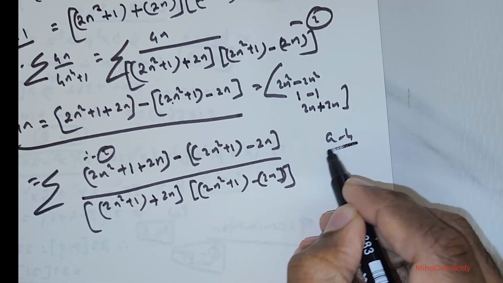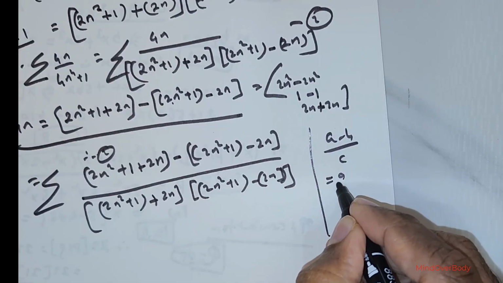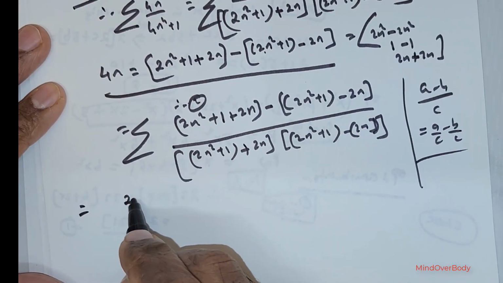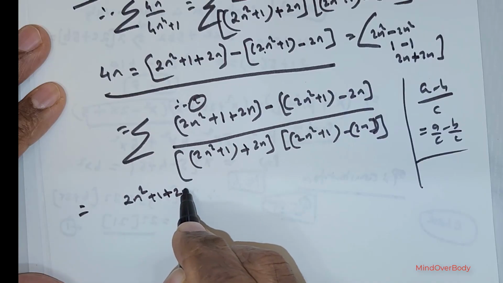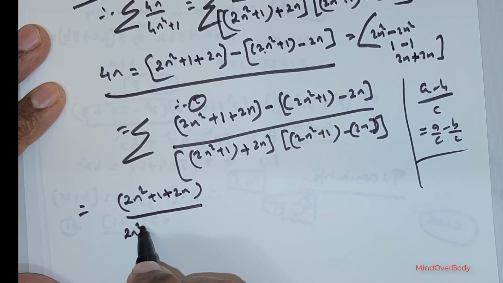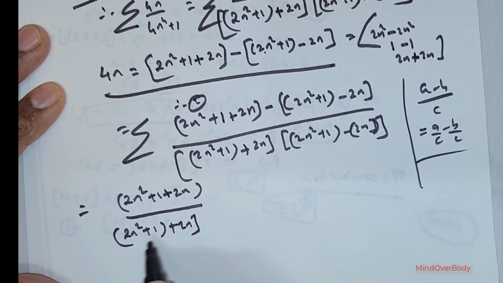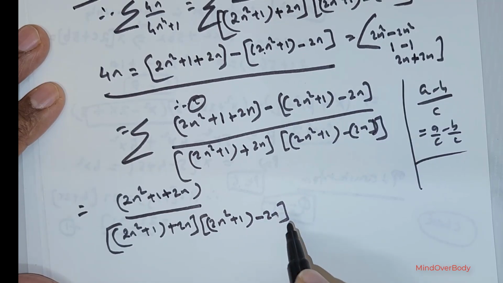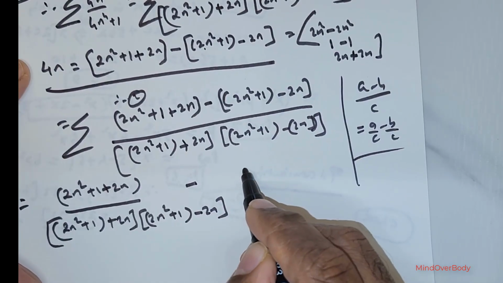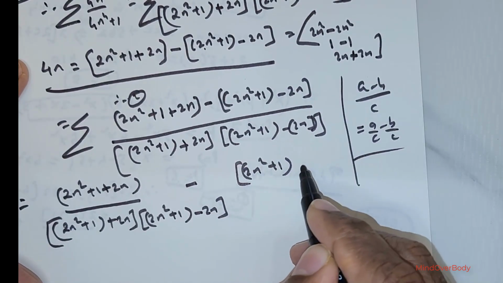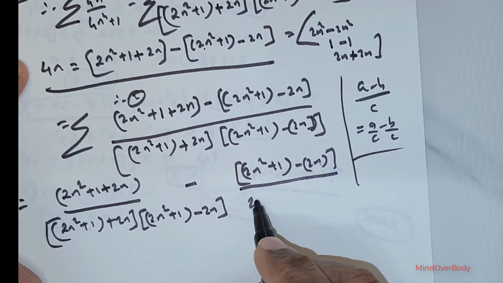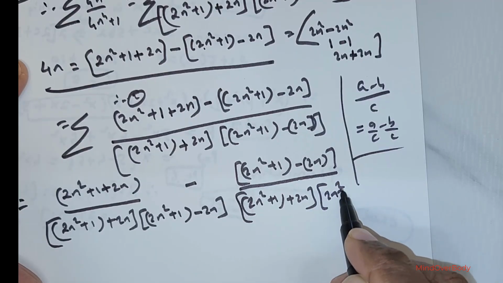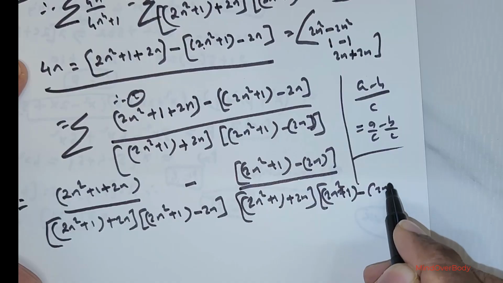Now (a negative b) divided by c can be rewritten as a over c negative b over c. So this is going to be (2n squared positive 1 positive 2n) divided by (2n squared positive 1 positive 2n) multiplied with (2n squared positive 1 negative 2n), and then followed by negative sign (2n squared positive 1 negative 2n) divided by (2n squared positive 1 positive 2n) multiplied with (2n squared positive 1 negative 2n).